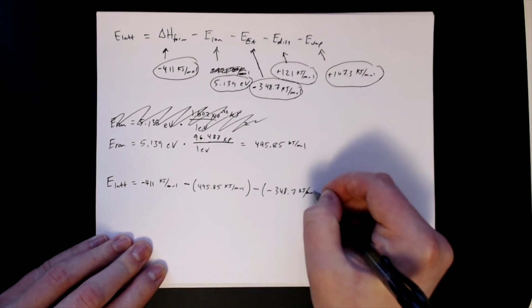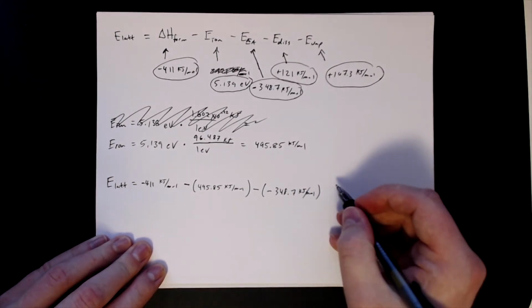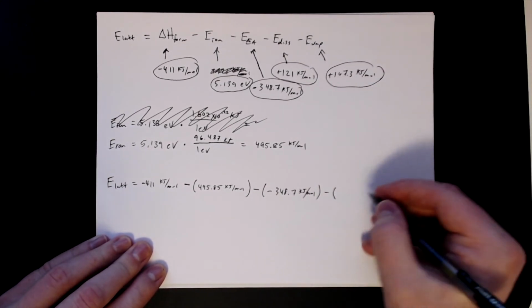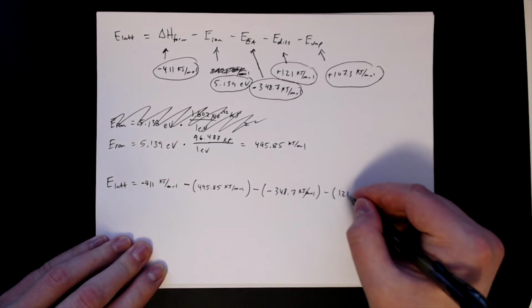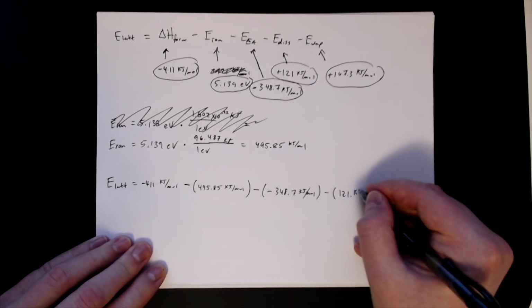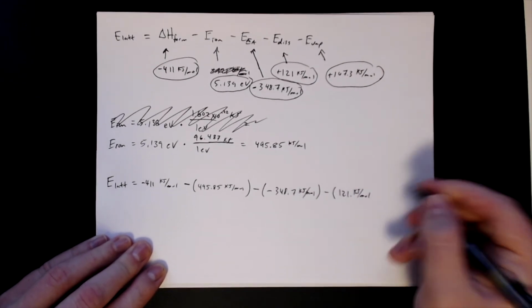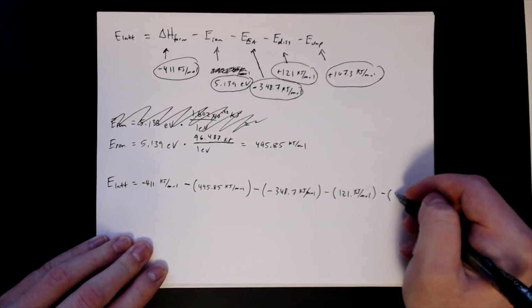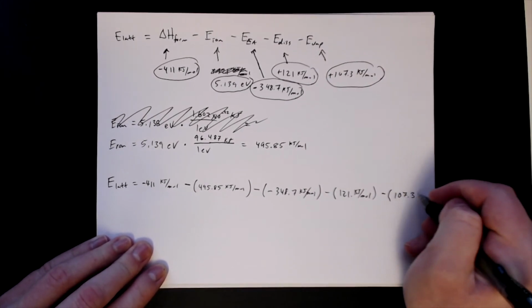All the units are the same at this point. Then minus the dissociation energy, which is 121 kilojoules per mole, and then minus the vaporization, which is 107.3.